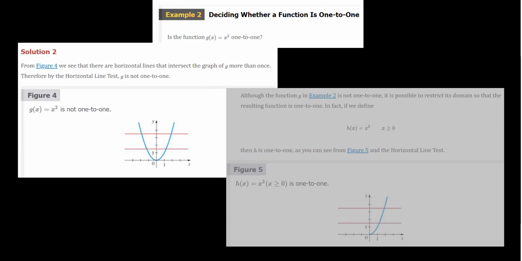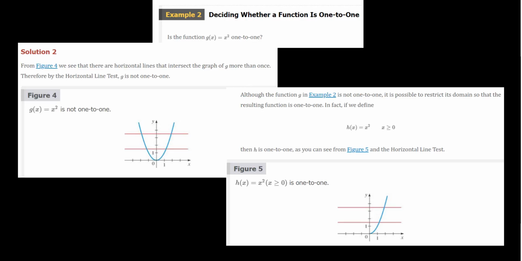Okay, so this reads: although the function g is not one-to-one, it is possible to restrict the domain so the resulting function is one-to-one. So if we wrote g of x equal to x squared, but then restricted the domain to only values that are greater than or equal to 0, then we do indeed have a one-to-one function.